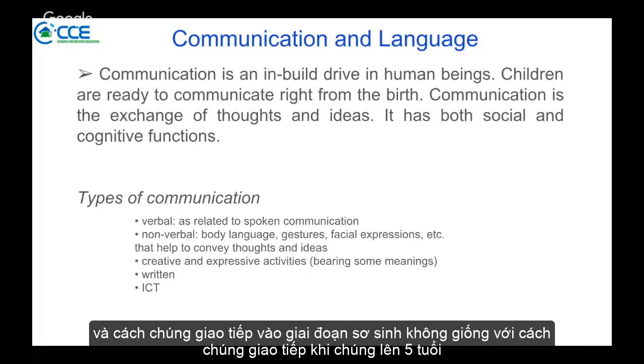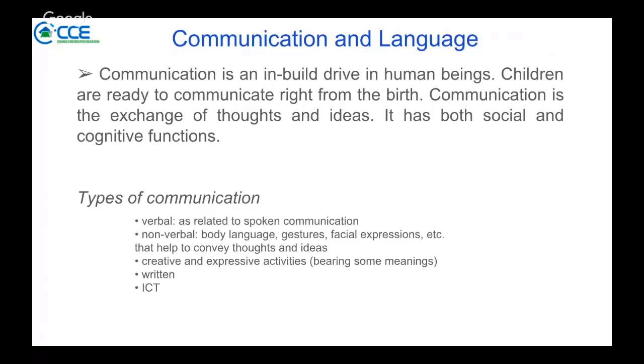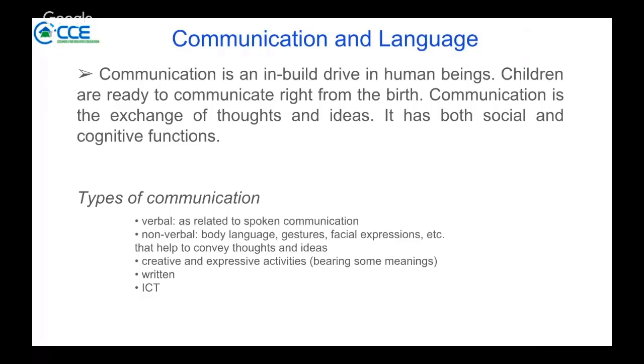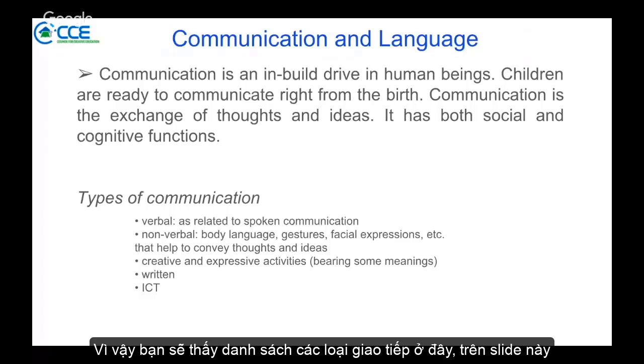And the ways they communicate, of course, at the stage of birth, are not the same as the ways to communicate when they are 5 years old. So we can talk about many different ways of communication. You will see a list of types of communication here in this slide.